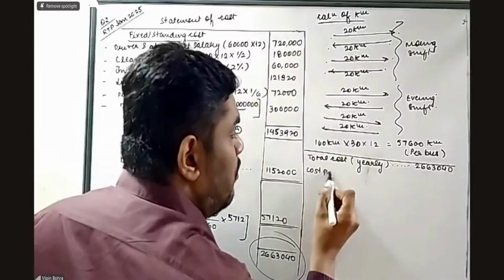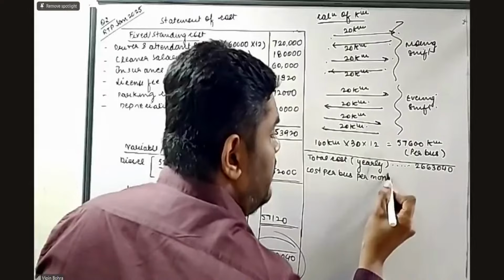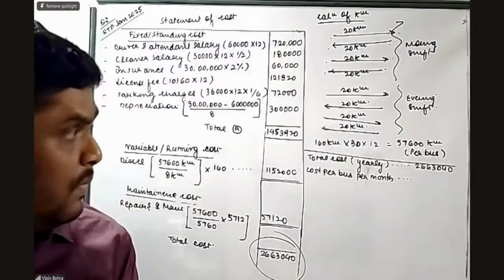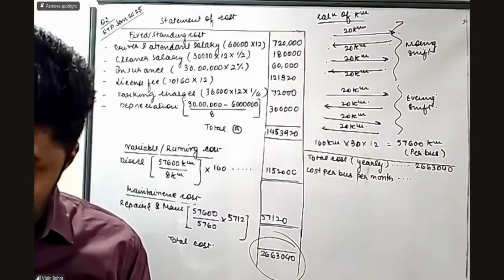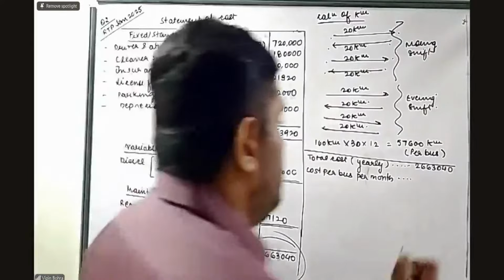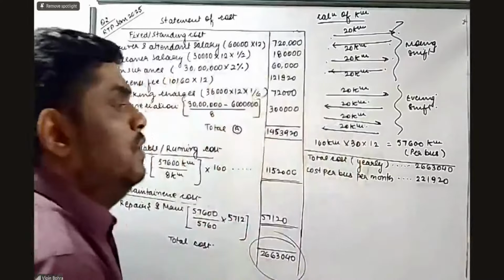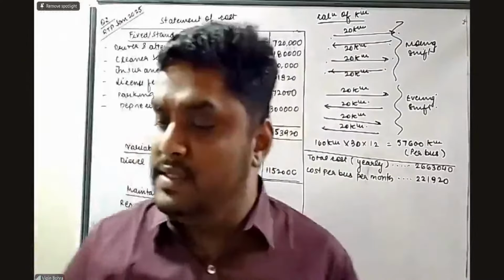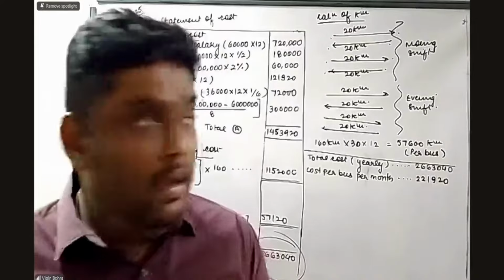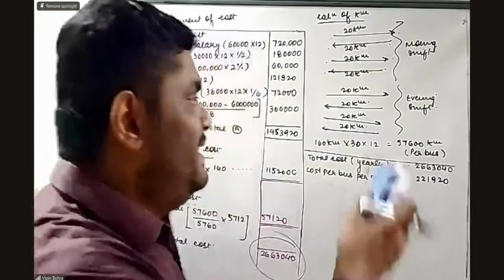So cost per bus per month will be what? Divided by 12. So this is the cost per month per bus. Now see, we have to calculate the fare to be charged. So I'm erasing this part.